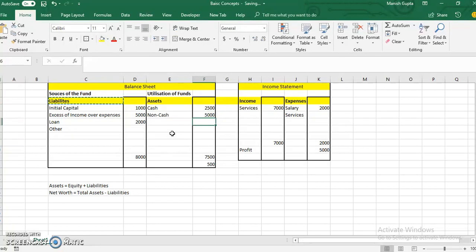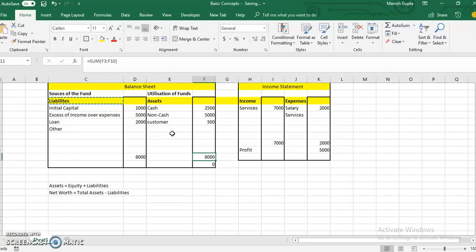One customer wants to have credit of $500 for the future, so let's enter that here. You can see that whatever transactions we do, our balance sheet always tallies. Our sources of funds and our utilization of funds always tally. This is called double entry of accounting. The basic accounting concept is double entry.